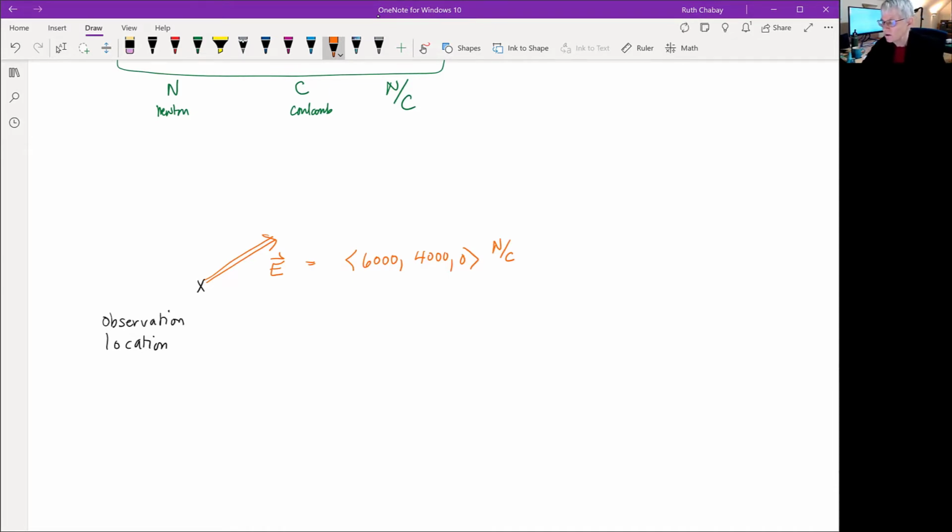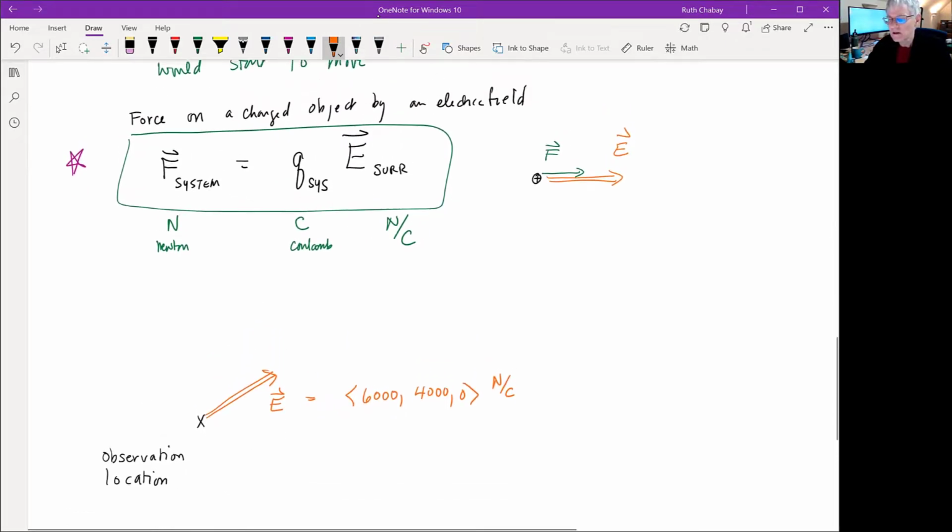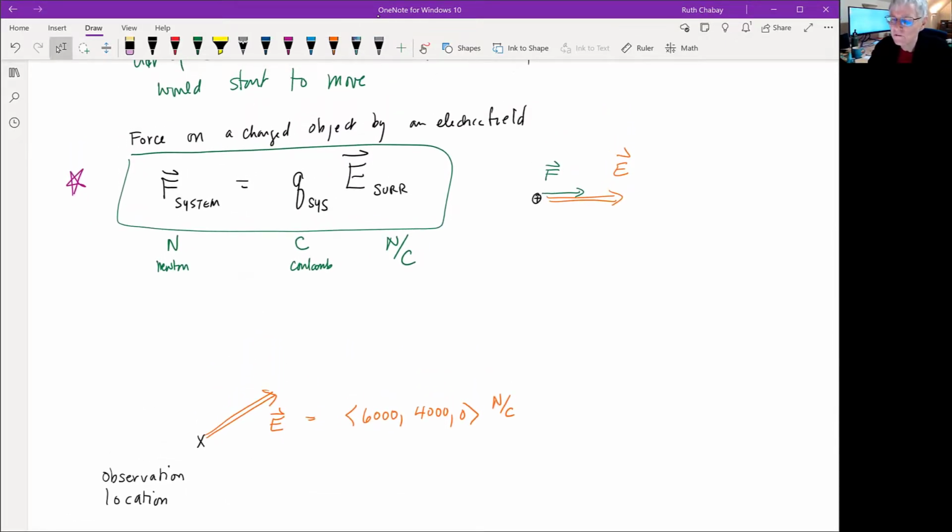So why are we using a positive charge as the reference? We had to use something. It basically was a choice by convention, but all the algebra works out correctly here too. So notice that if we define E as being in the direction a positive charge would move, what would happen if we put a negative charge here at a location where there's an electric field in that direction?